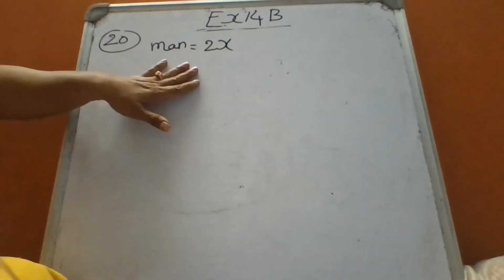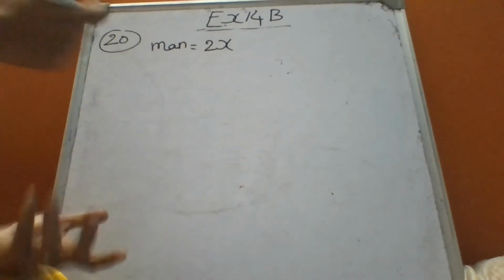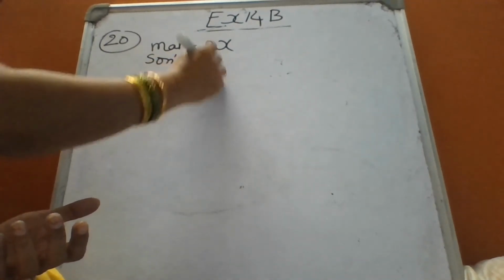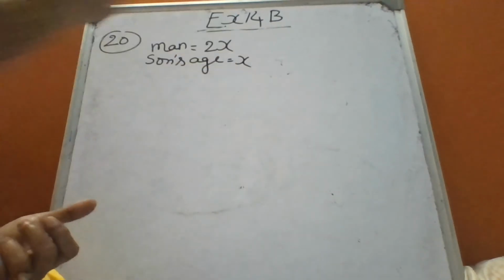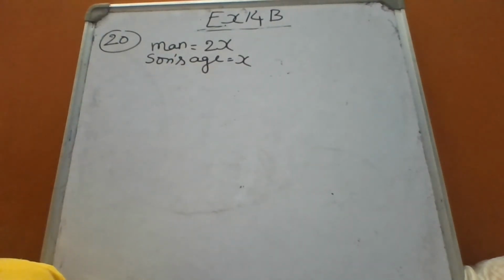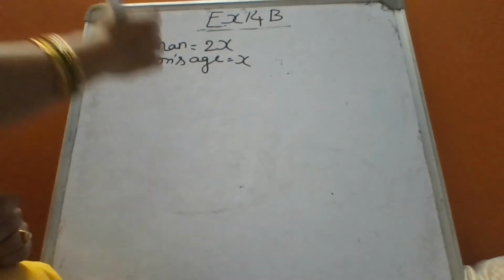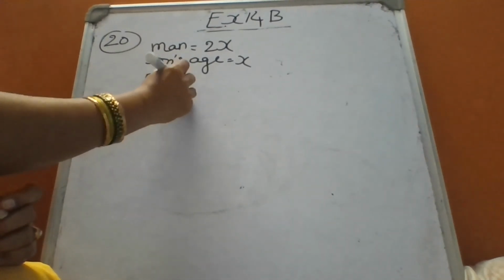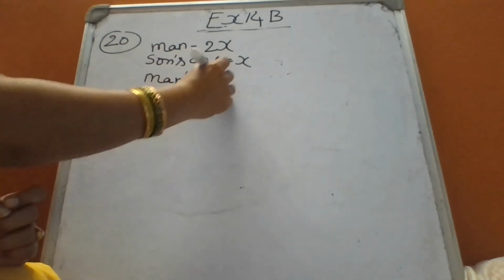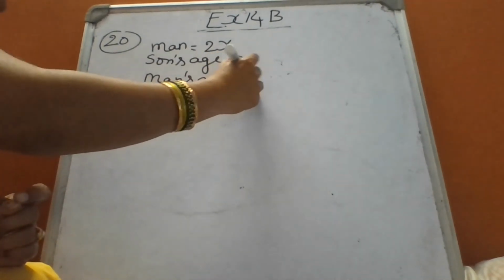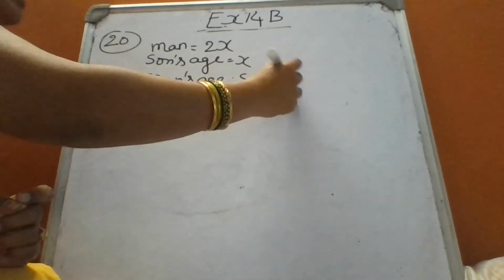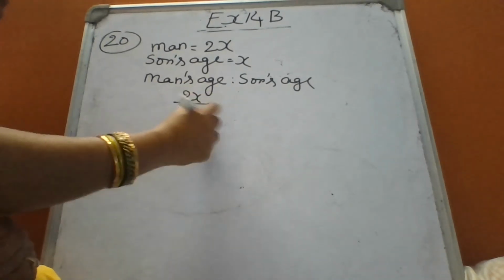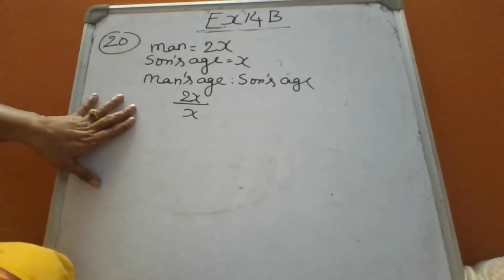So, we know that the man is twice his son. What we do not know is the son's age. So, we will take son's age as x and man's age will be 2x, and the ratio of man's age to son's age will be 2x by x.